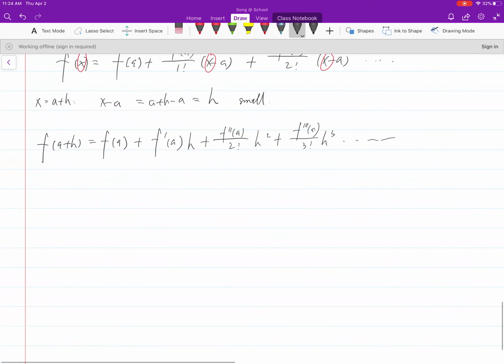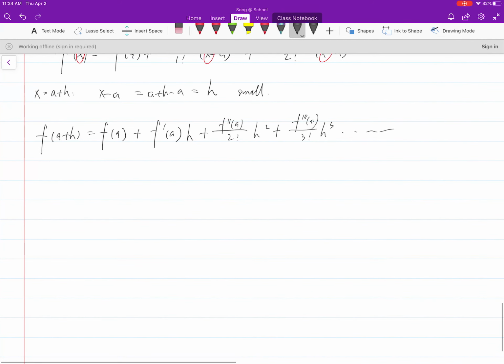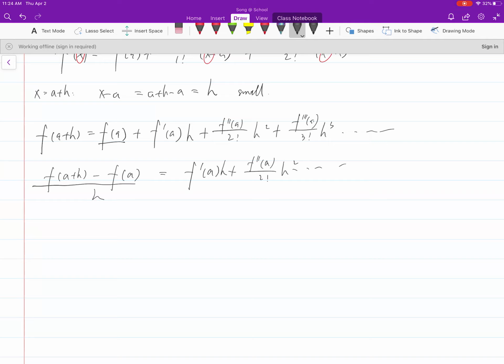Good so far? Here is where the magic happens. Let's take this f(a) and subtract it on the other side. Good so far? And then let's divide it by h.